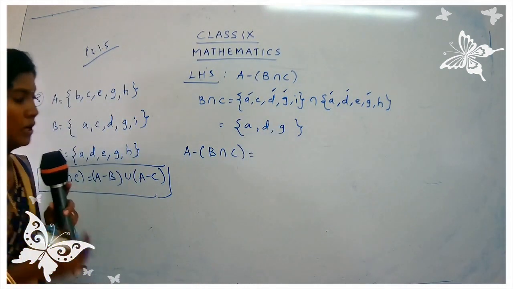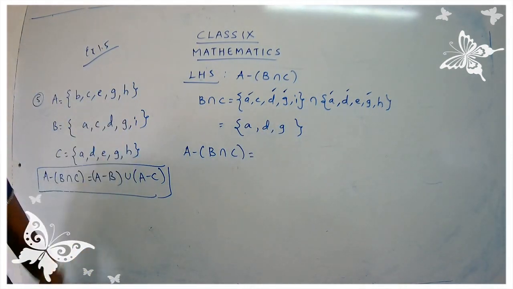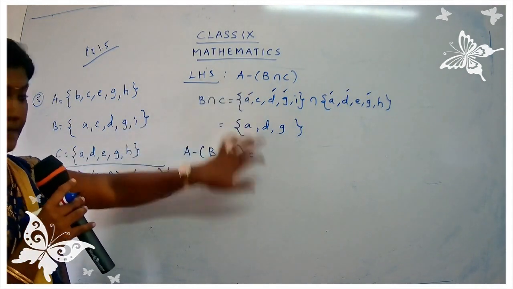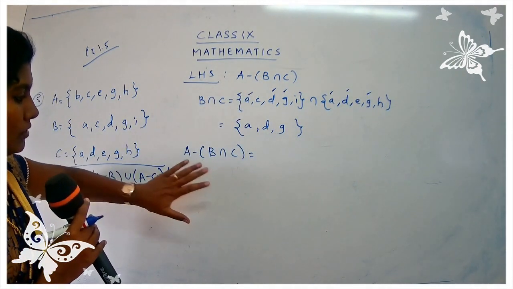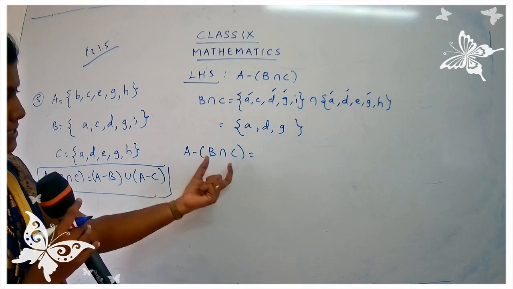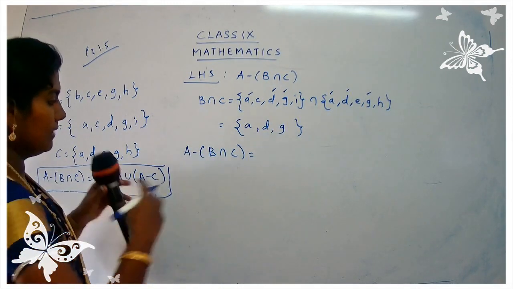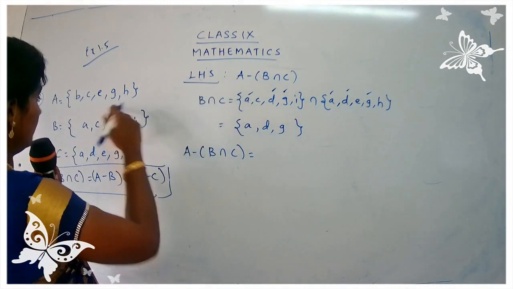Okay. Now let us go for the next part. So I am going to take everything together now. A minus B intersection C. So let us write down the A element and the B intersection C element. What is the A element?